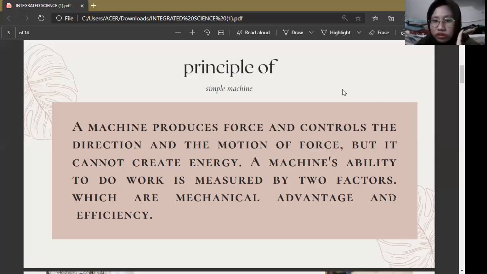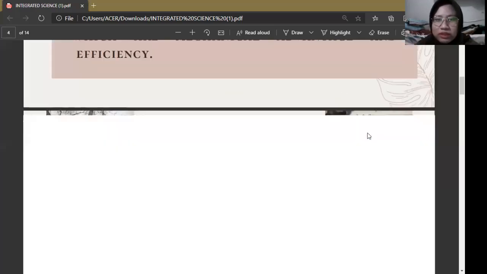The first factor is the mechanical advantage, and the second is the efficiency. So how do we judge whether a machine is good or not? It's about the mechanical advantage and efficiency. If the mechanical advantage and the efficiency are good, then the machine is good. Those are the key factors and the principle of simple machines.